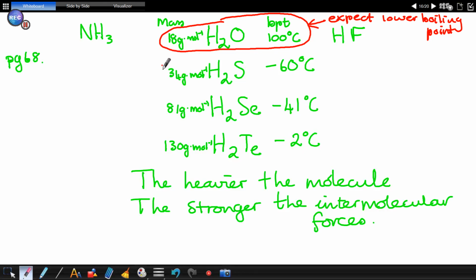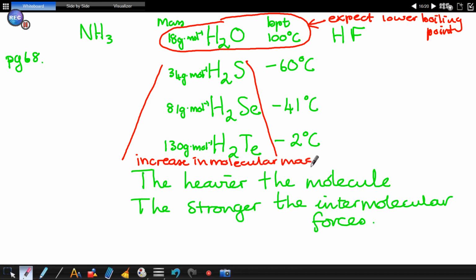Here, an increase in molar mass makes the boiling point increase.